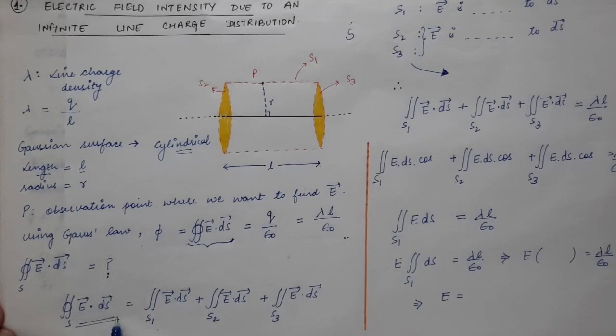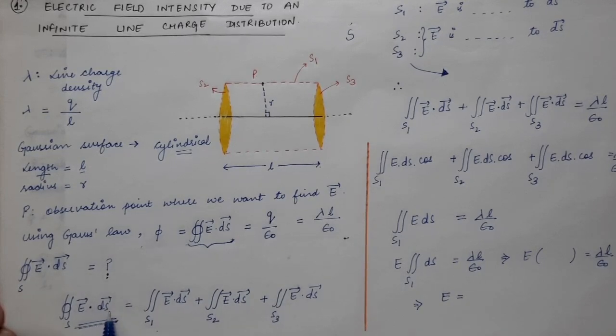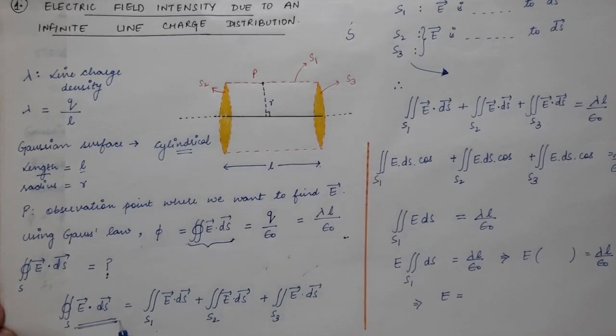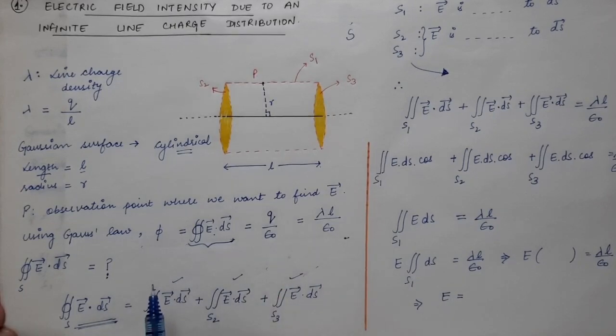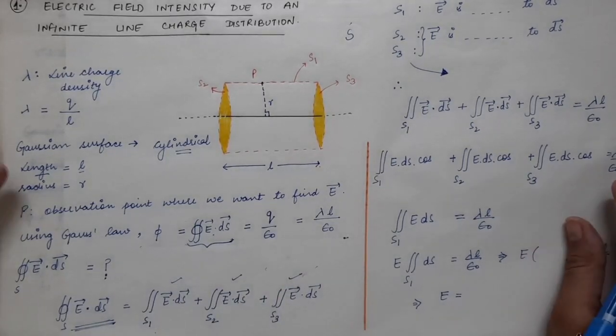The left hand side, the surface integration of the electric field intensity over the closed Gaussian surface, has been divided into three open surfaces. Now the task is to evaluate these three surface integrals. Then we will put the resulting formula over here, and then we will find the electric field intensity.